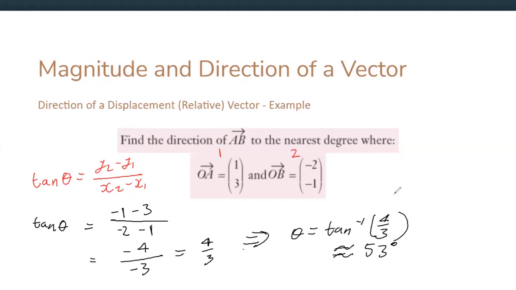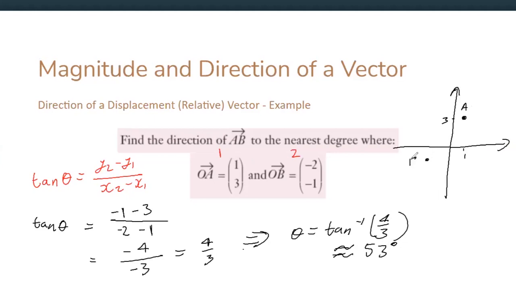Now, if we look at the points we actually have, we're going from 1 up to 3, and this is where we're starting. So this is our point A, (1, 3), but then we're going to (-2, -1).